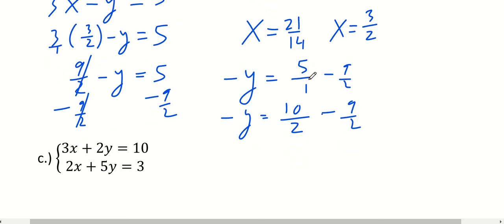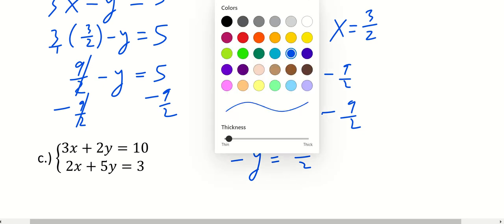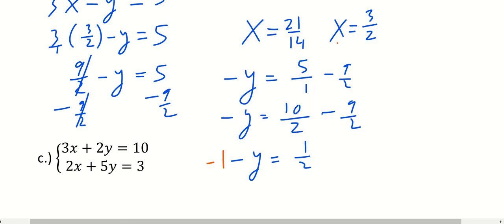Multiply top and bottom by 2, we get 10 halves. 10 halves minus 9 halves is equal to a positive 1 half. And then to get y by itself, either multiply or divide by negative 1, however you like to think of it. And so we find that the y coordinate of our solution, y equals negative 1 half.